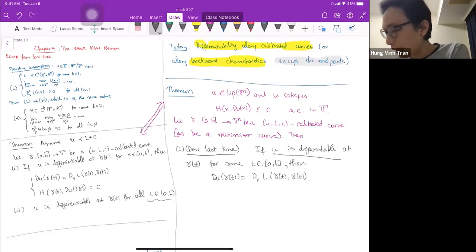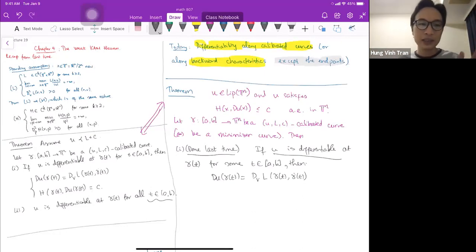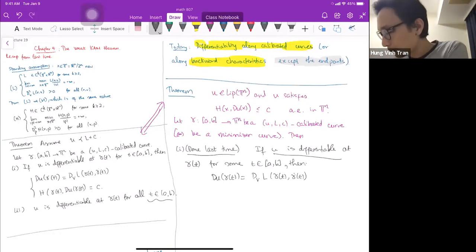And surely we are at the fixed energy level c, so I'm not going to recall the second one.